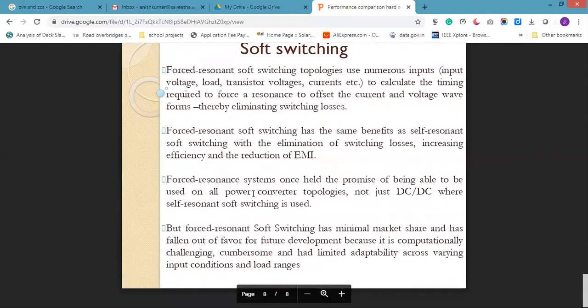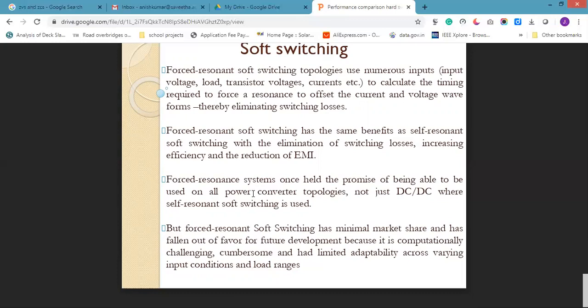The force resonant soft switching topologies we can use for all the power converters: DC to DC, AC to AC, AC to DC, DC to AC. This also eliminates the switching losses, increases the efficiency, and reduces the electromagnetic interference. Here, the force resonant soft switching topology needs some input, used to calculate the time required to force the current and voltage to 0.